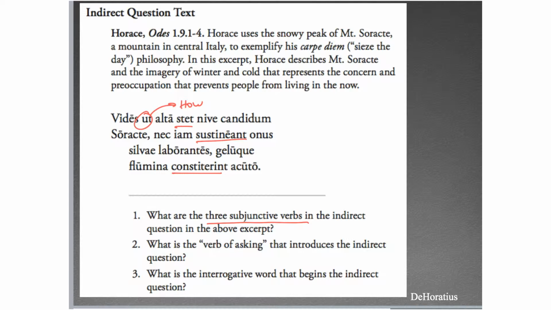And the rivers flow with sharp ice, something like that. But the important thing is, you see how it stands. You see how they bear. How does it stand? That's the direct question. You see how it stands, that's the indirect question.